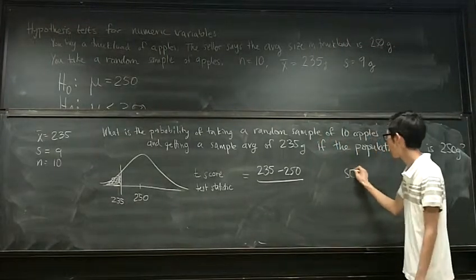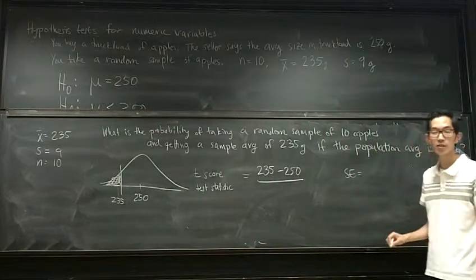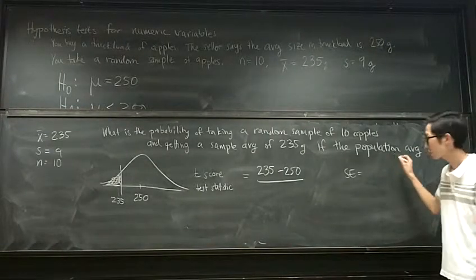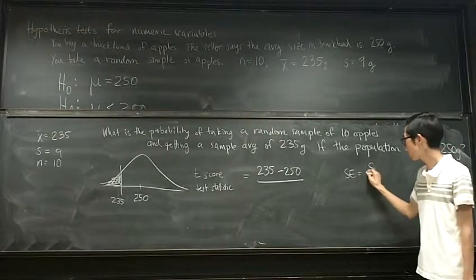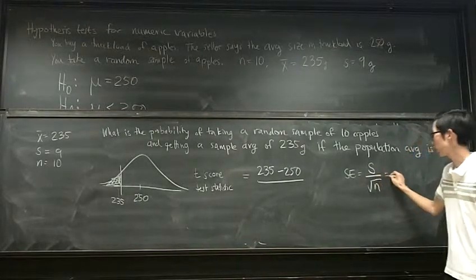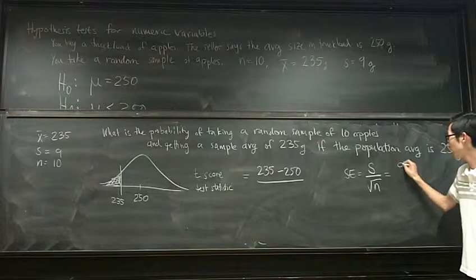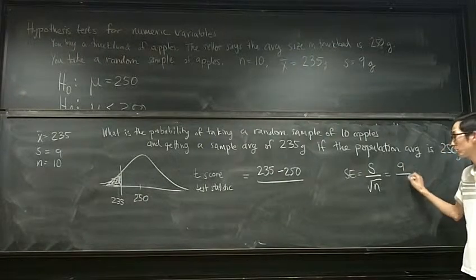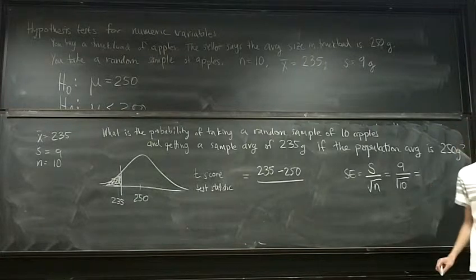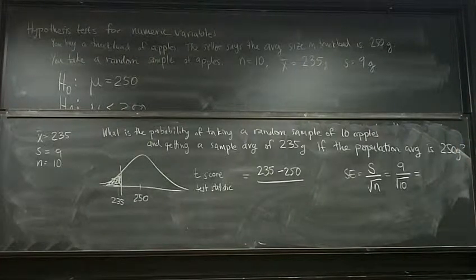What is my standard error? It's the same as my standard error for a confidence interval: s over square root of n. So this would be 9 divided by the square root of 10. I get 3 point something, a little less than 3.